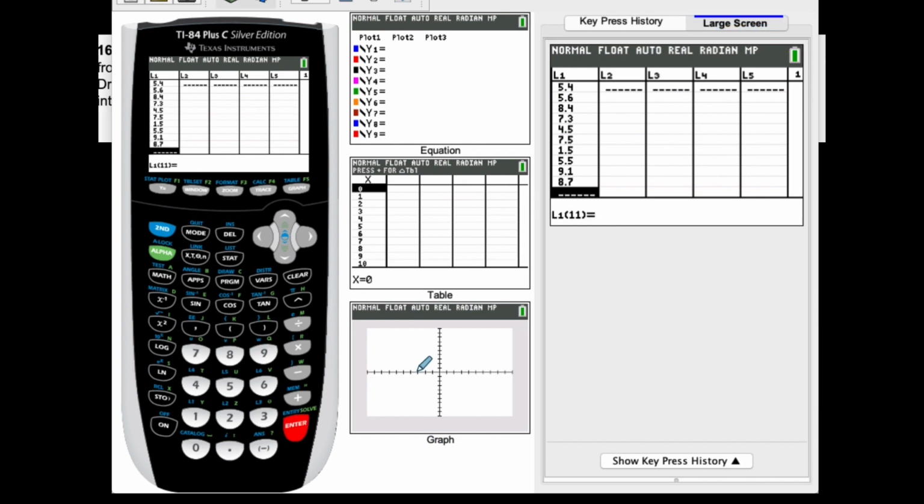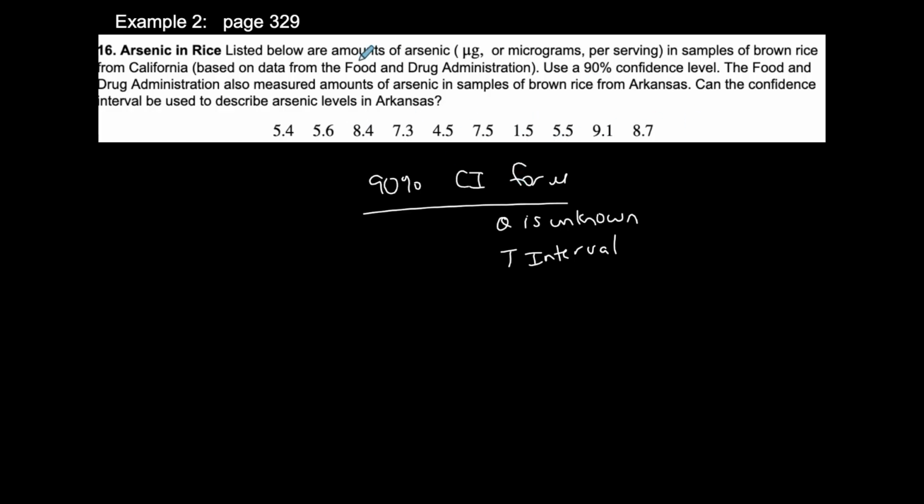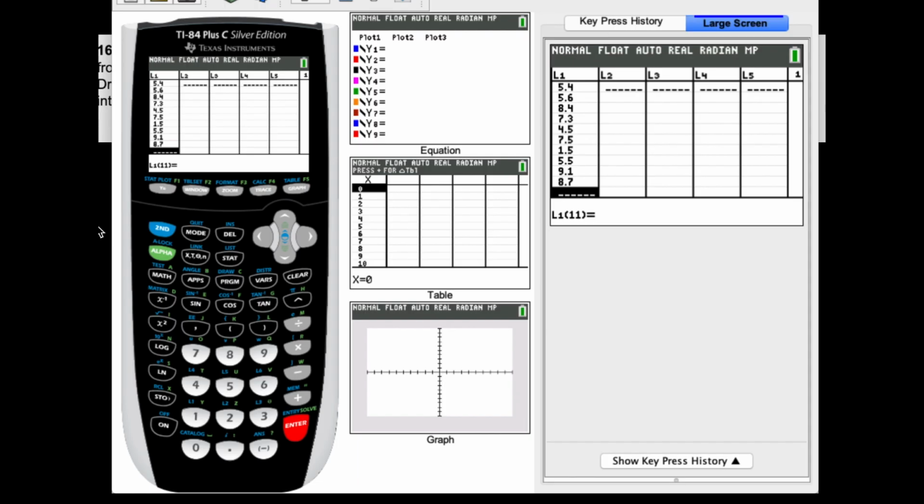So again, because we're given a list of numbers instead of the actual statistics, I'm going to have to input those values into a list first.